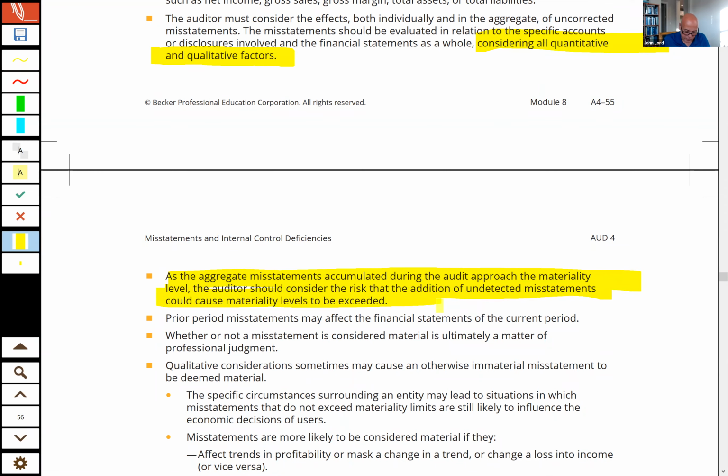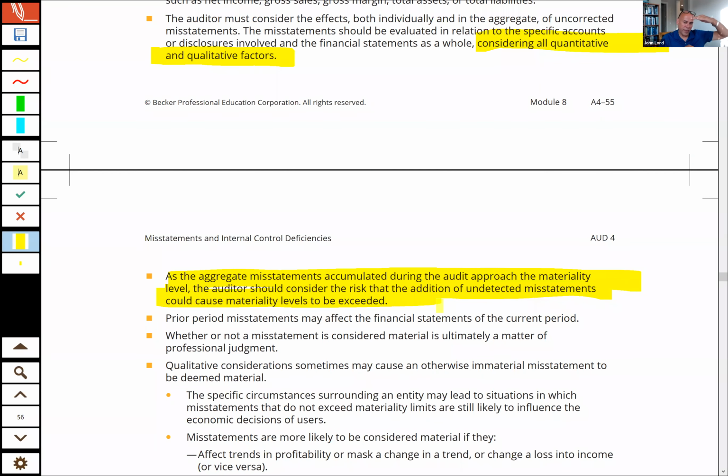They tell you to consider that, and you start asking yourself, well, how close to my materiality levels do I have to get before I start to freak? Because there could be undetected misstatements. The way we protect ourselves, going back to our discussion of audit sampling, is we have an allowance for sampling risk, don't we? And so we start to put a precision around that.